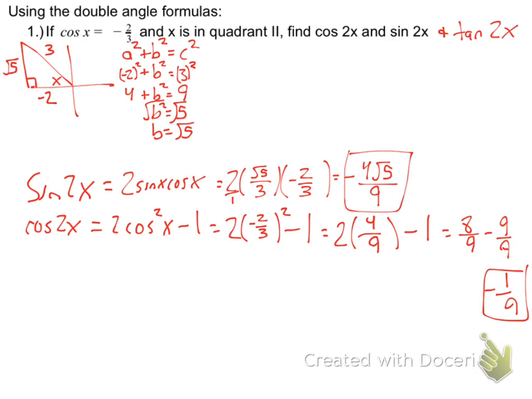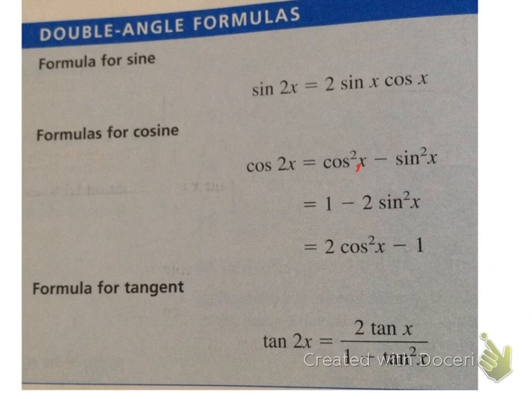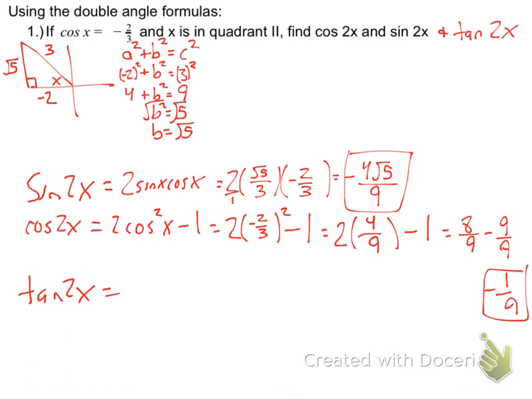The last one is tangent 2x. Tangent of 2x, rolling backwards here: 2 tangent of x over 1 minus tangent squared x. And again, you play coach, you substitute in the right pieces at the right time.